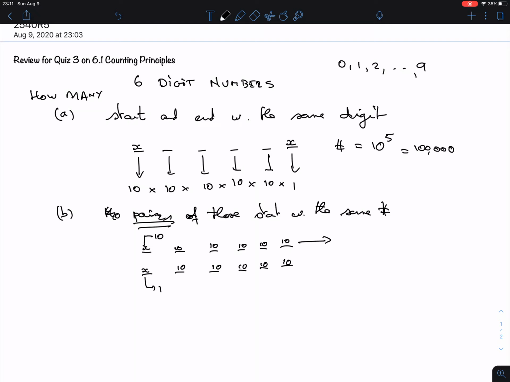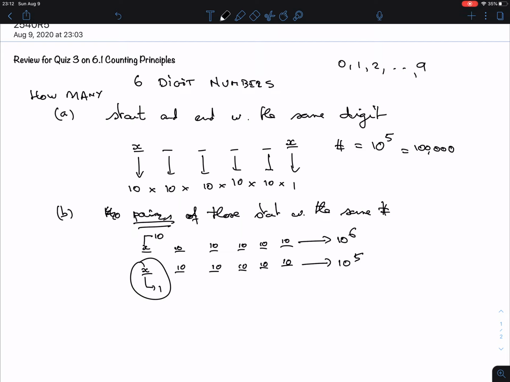So how many choices for the first number? That's 10 to the power 6, a million. But what about the second number? That is only 10 to the 5th, because I have no choice in the first digit anymore. When I'm choosing the second number, I'm really only choosing 5 digits. The first one is already fixed. Now, what do I do with these 2 numbers?